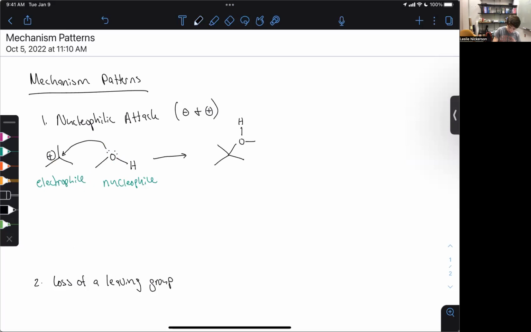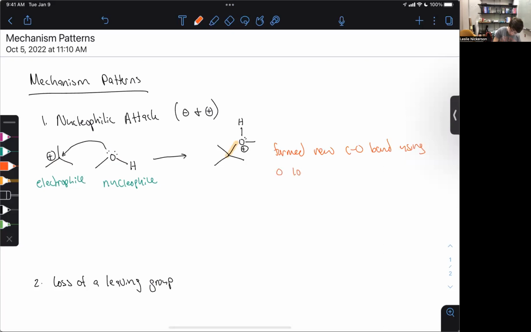They are still present, and the other lone pair is still present. Now that oxygen is positively charged because we're sharing electrons that it didn't really want to share in the first place. So that is an example of a nucleophilic attack. You've got your nucleophile, you're attacking your electrophile and forming some kind of bond, where this is our new CO bond, using the oxygen lone pair. That's where the electrons come from to actually form that new bond.